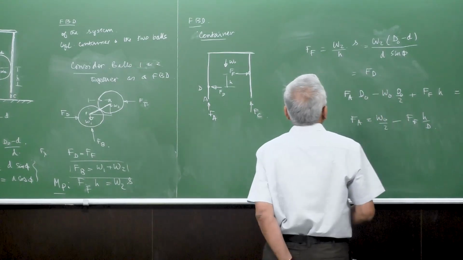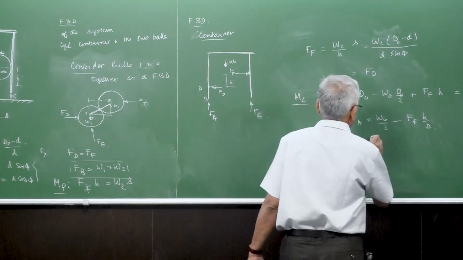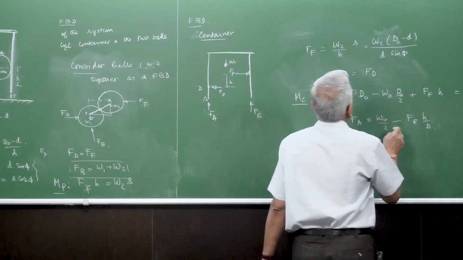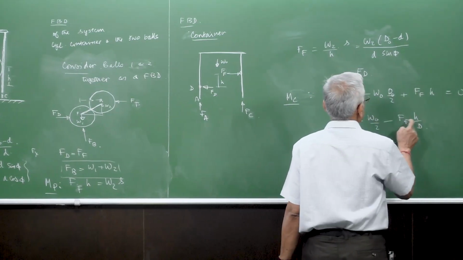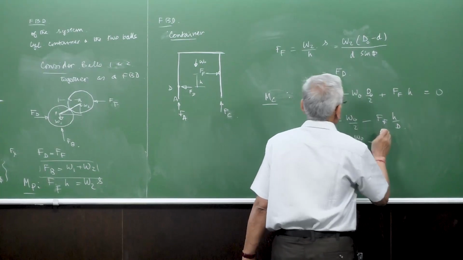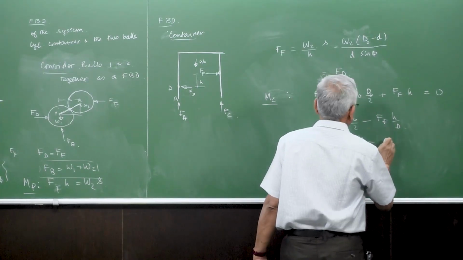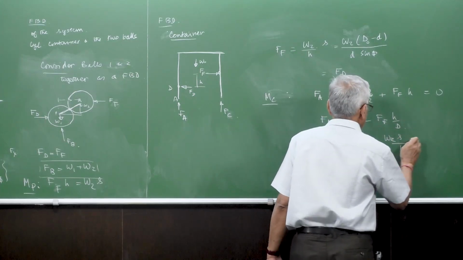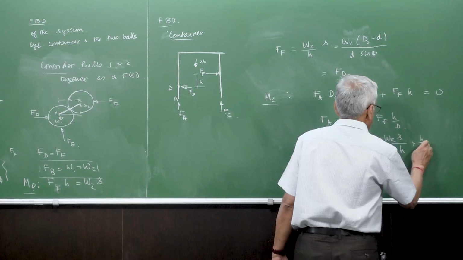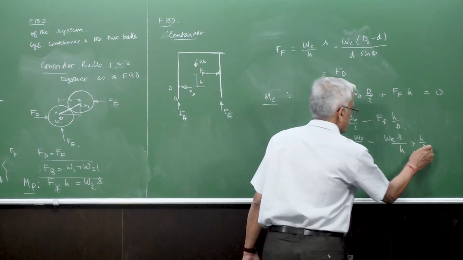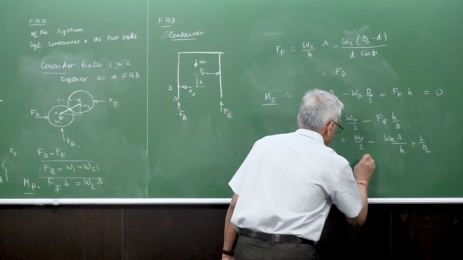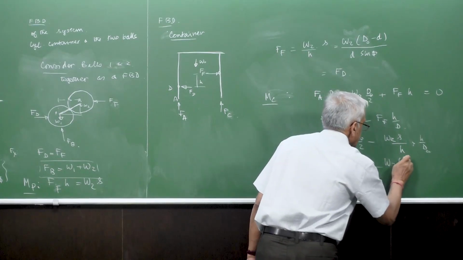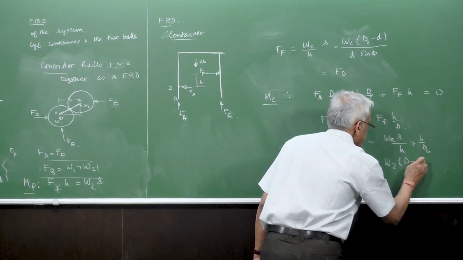What is H? H is nothing but D sin alpha. And FF is the whole thing, W2 times S divided by H, times H by D0. S is nothing but D minus.